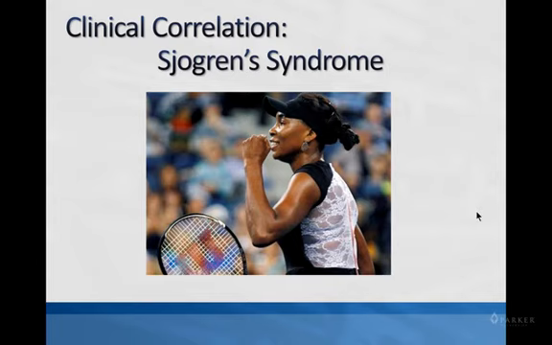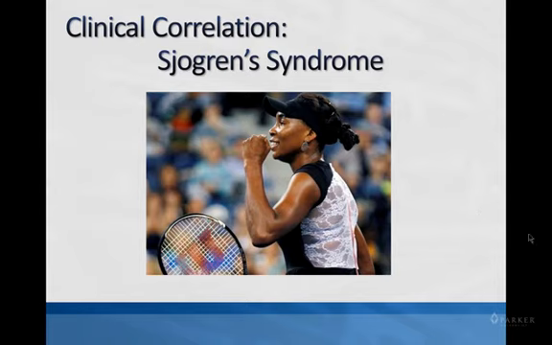So the classic presentation is very dry eyes and a very dry mouth. The tongue is just very dry. The whole oral cavity is dry. There are some other systemic manifestations of it, but the primary thing is problems with the glands involved in lubrication in the eye and the oral cavity.